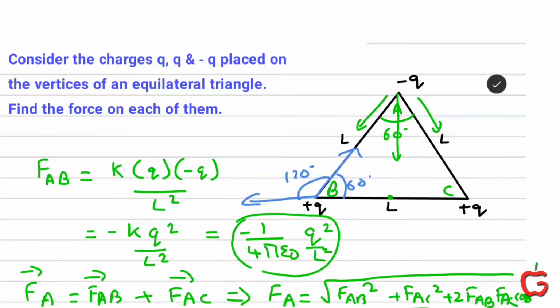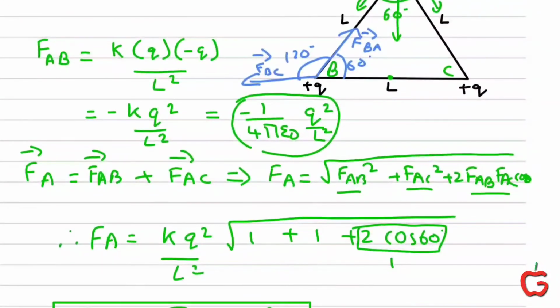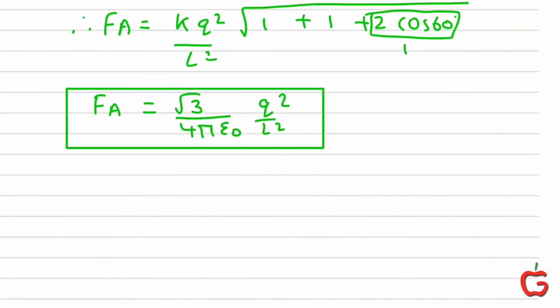So the angle between the force on B by C and the force on B by A is 120 degrees. So in this vector sum, we'll have cos of 120 instead of cos 60. Rest everything will be same.